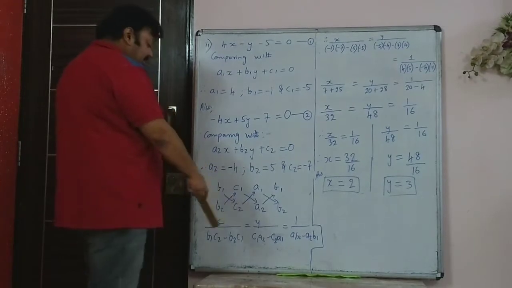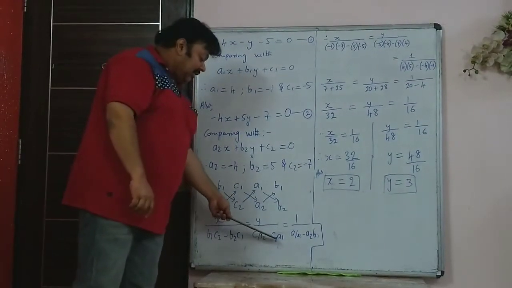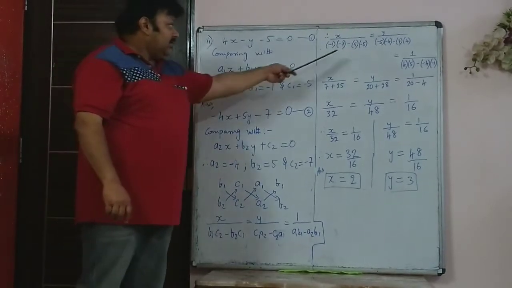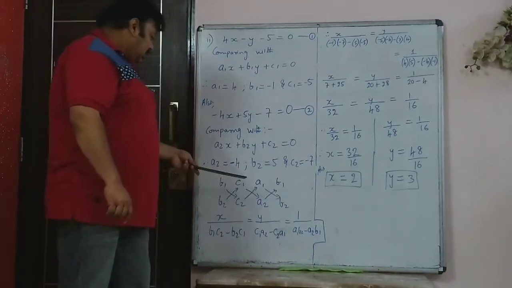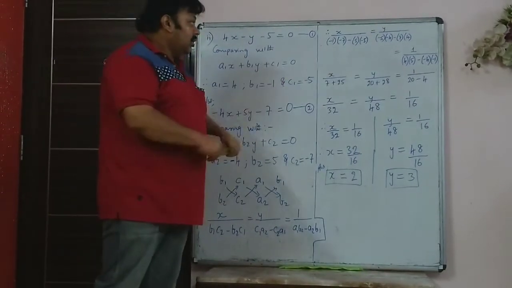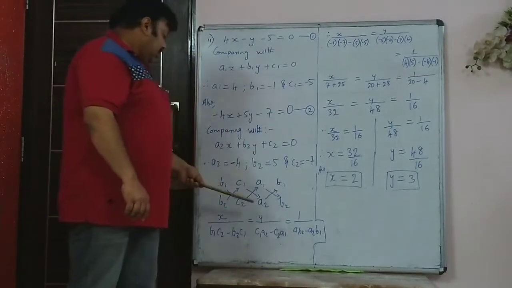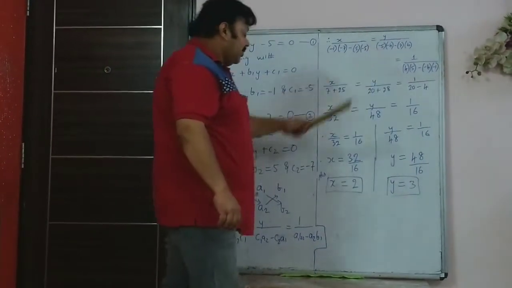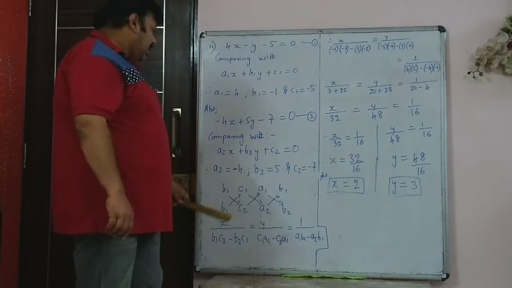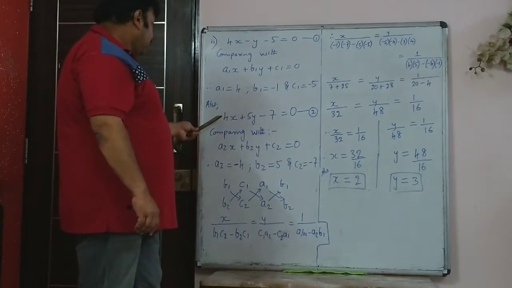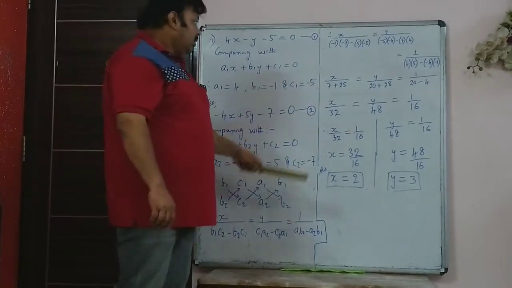Now the y term, c1 a2 minus c2 a1. c1 is minus 5, a2 is minus 4, that is written there, minus c2, which is minus 7, and a1 is 4.